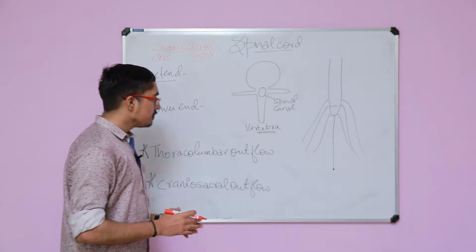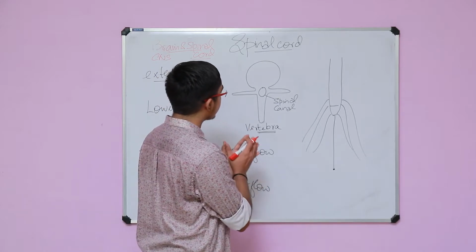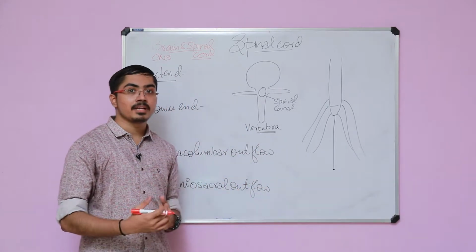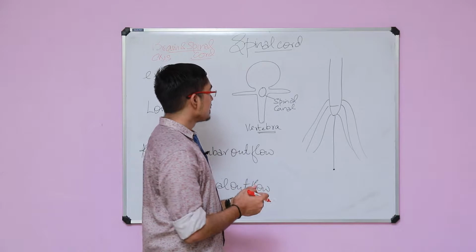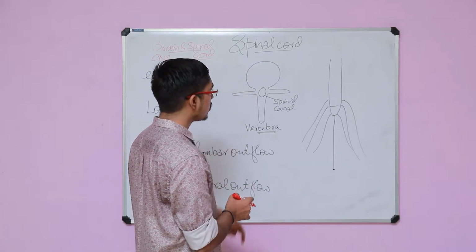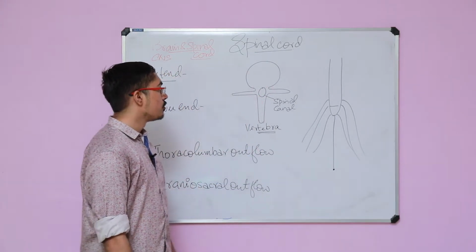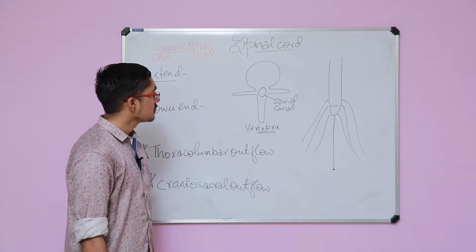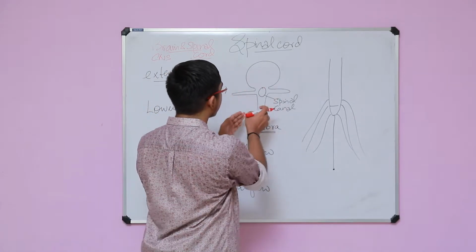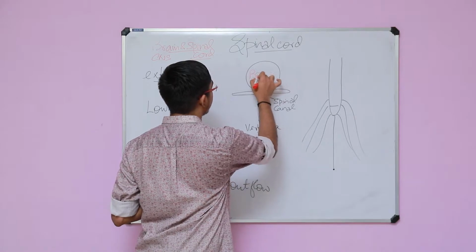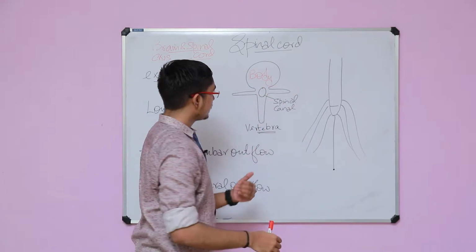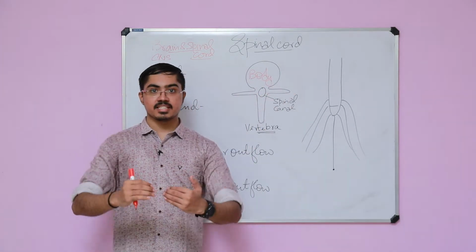So first of all, before we discuss anything else, we will be discussing certain basic facts about the vertebrae and the spinal canal, which is present in the center of the vertebrae, through which the spinal cord is going to come out. So the vertebral structure looks like this. See, this is called the body of the vertebra. If I am standing like this, the body is facing towards your side.